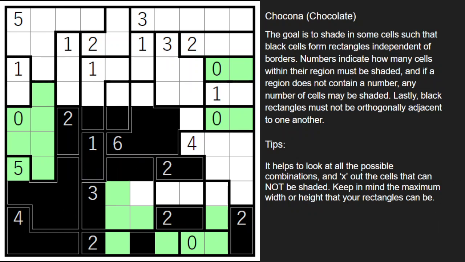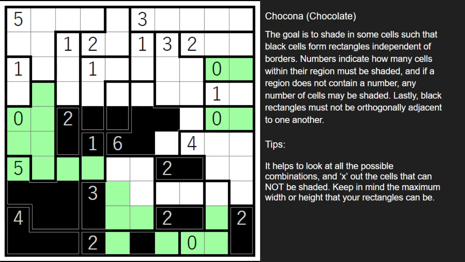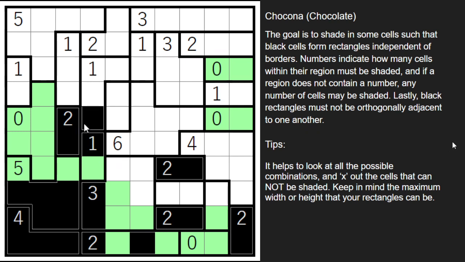That would just ruin the whole puzzle. And it can't go even further like this, because again, this 2 rectangle cannot touch this square over here. So that's a long-winded way of just saying that this square cannot go any wider, because it can't reach into this 6-cell region. So we have to cut it off.